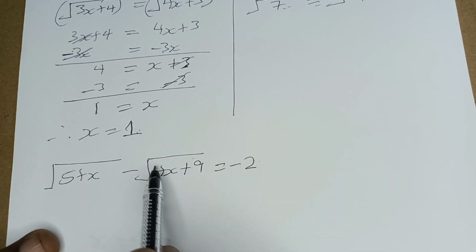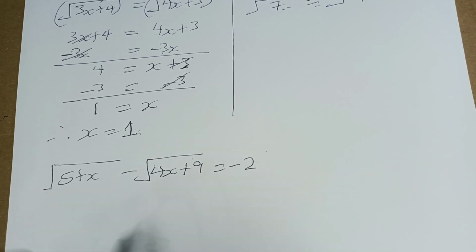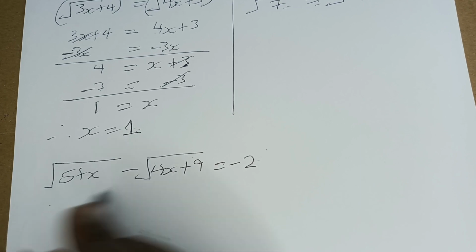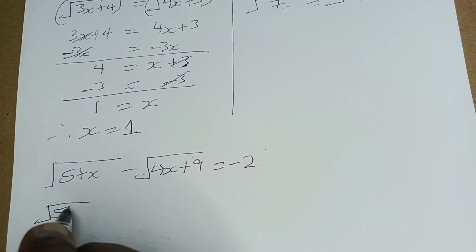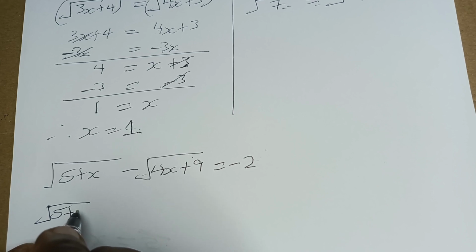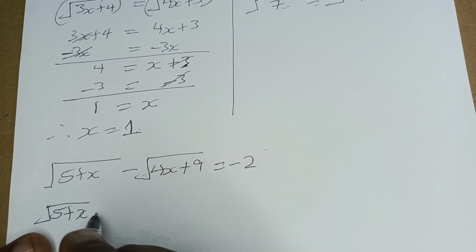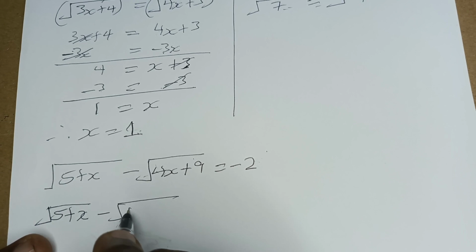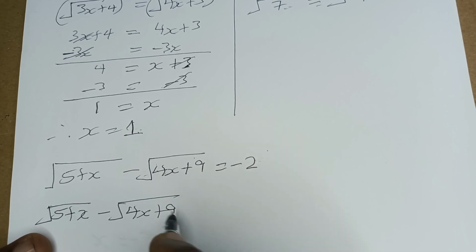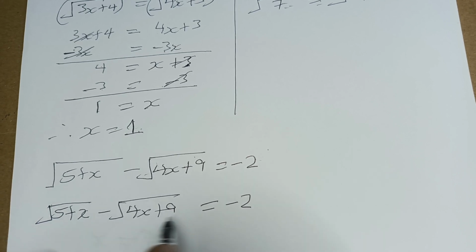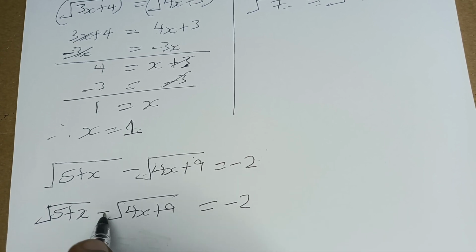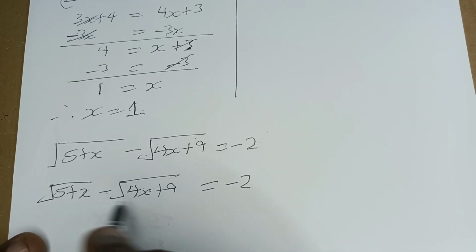So the next thing we have to do is to move this to the other side. How do we do that? Let's rewrite this: root of 5 plus x minus root of 4x plus 9 is equal to minus 2. We have to add this to both sides now because this is minus, so the opposite will be addition.